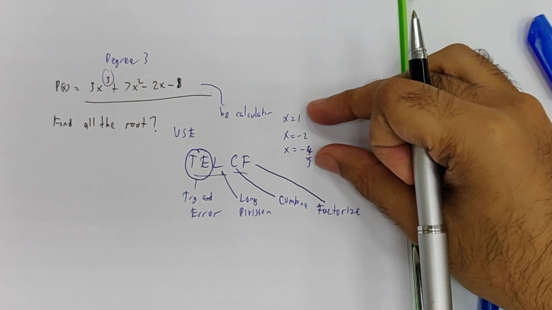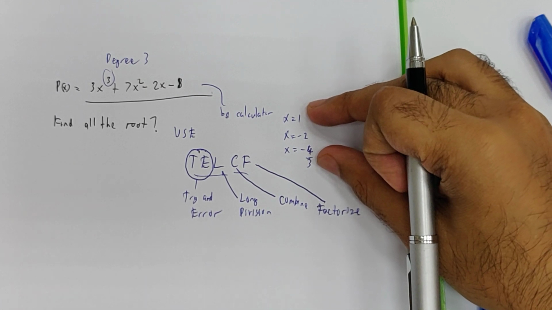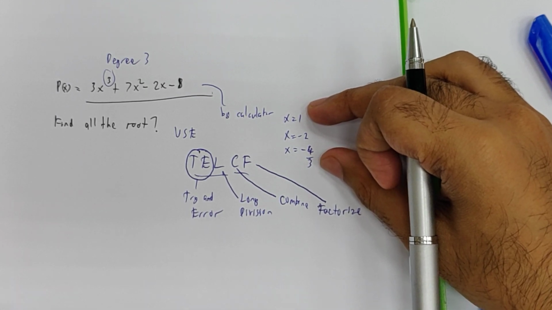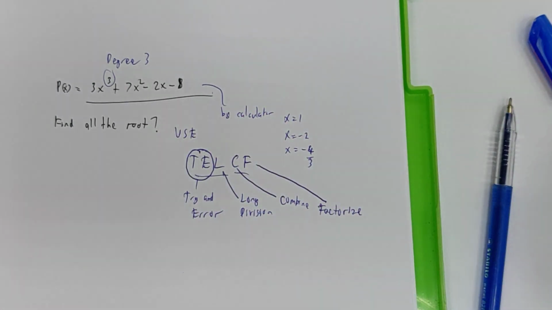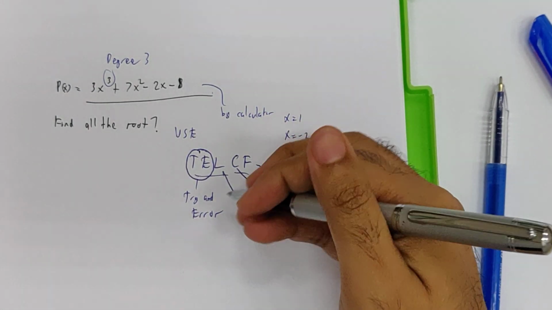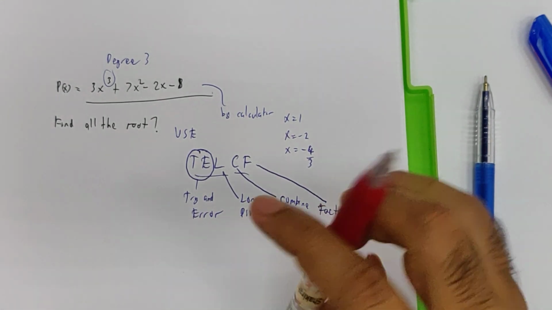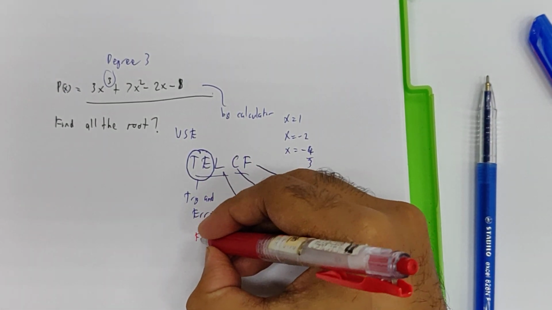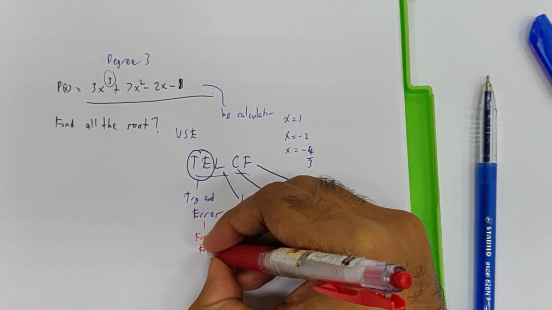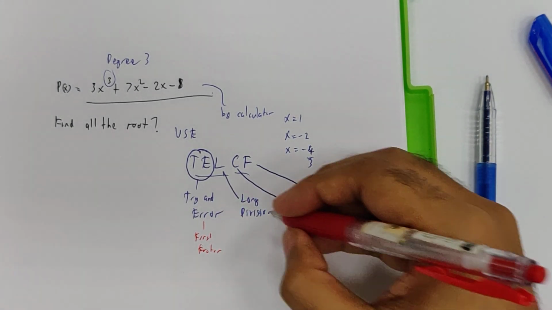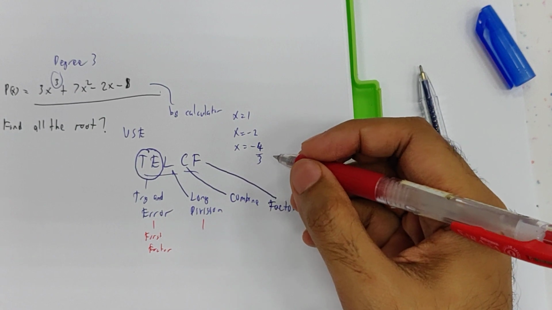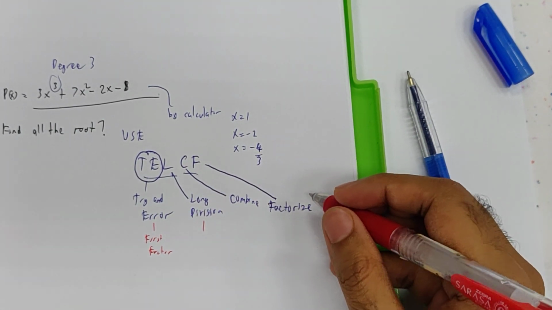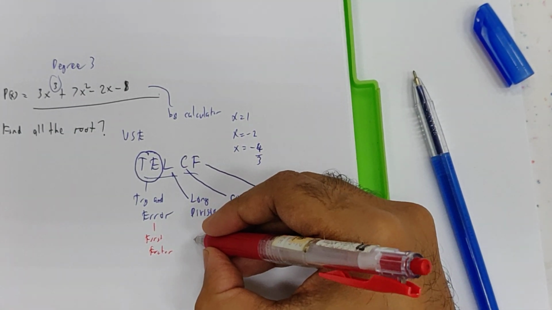Okay, so now you got all these 3 factors. We need to go a bit faster. So how are you going to do it in exams? Okay, listen carefully. For factor 1, you use trial and error. For the first factor, you use long division to find the quadratic.